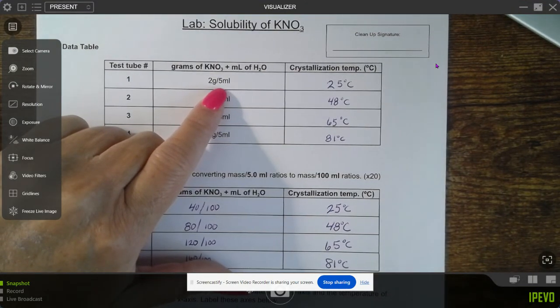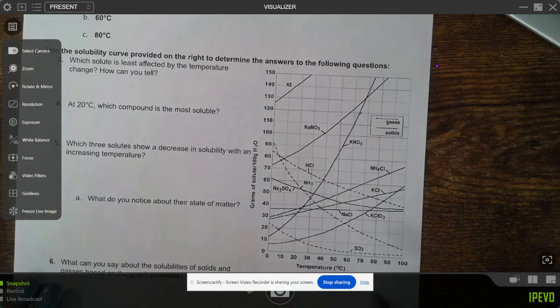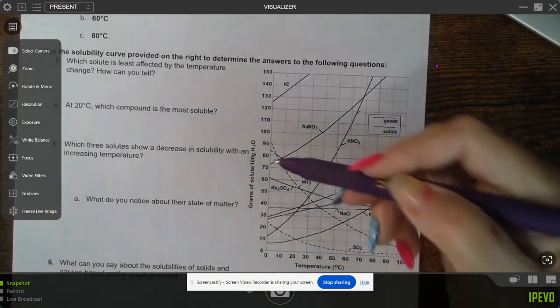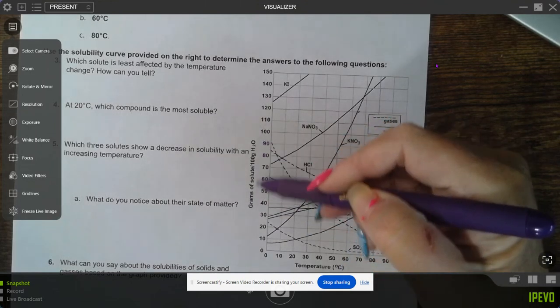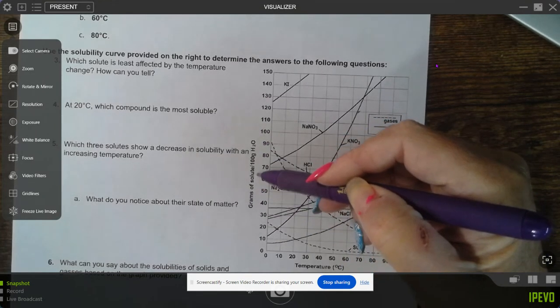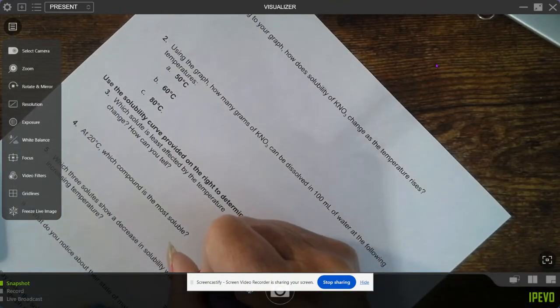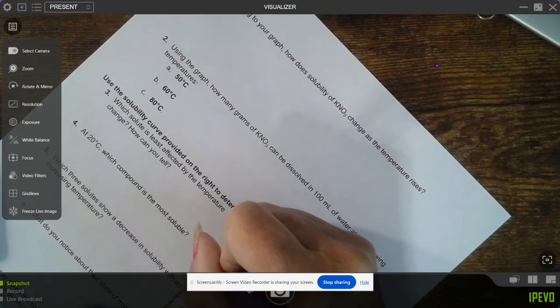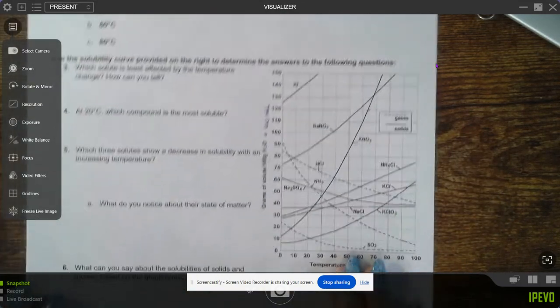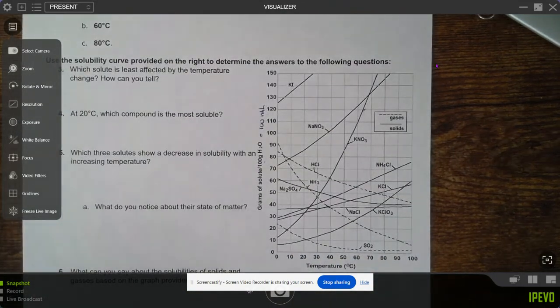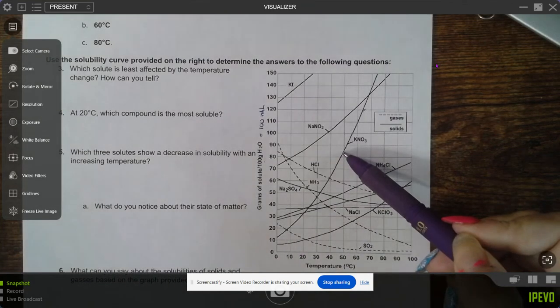If you remember, when we've looked at solubility curves, the value on the y-axis is grams of solute per 100 grams of water, which is equal to 100 milliliters. Once we've got our data plotted, we want to compare it to the solubility graph that we have for potassium nitrate.